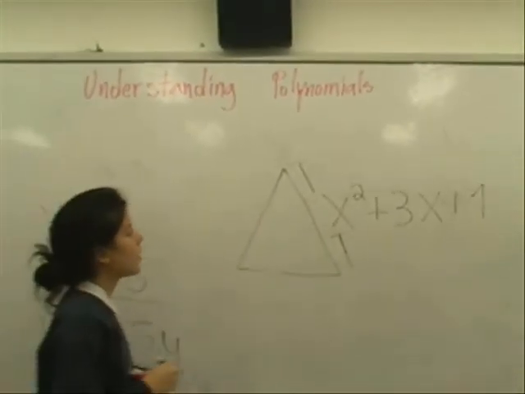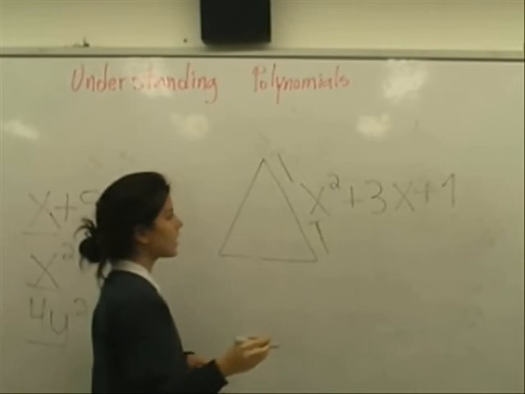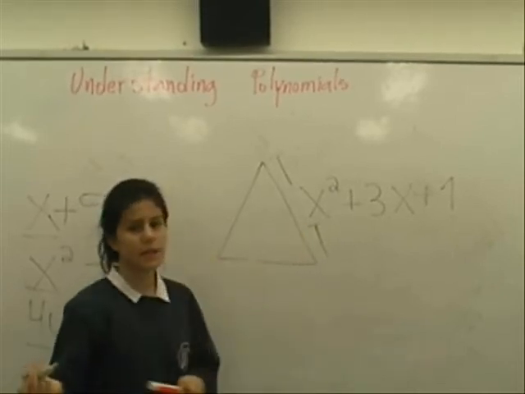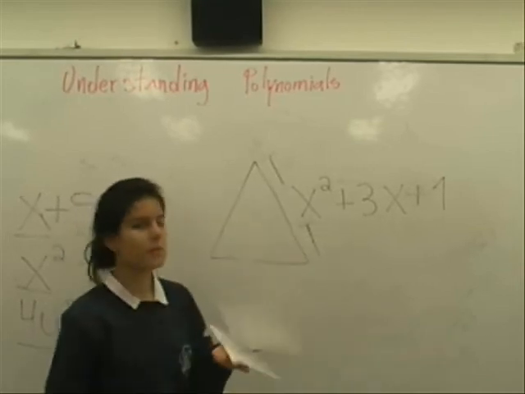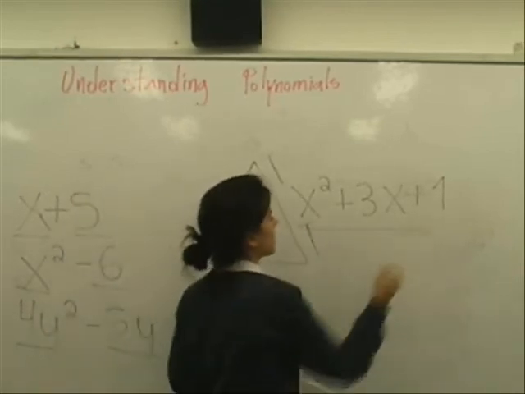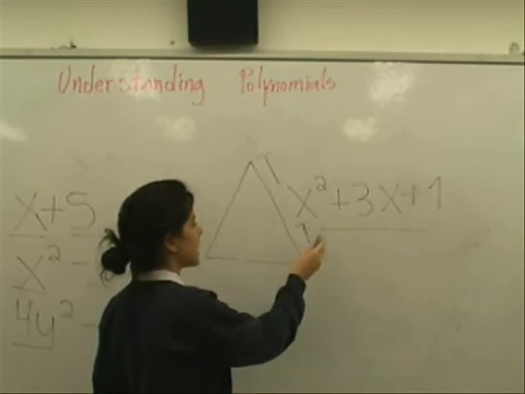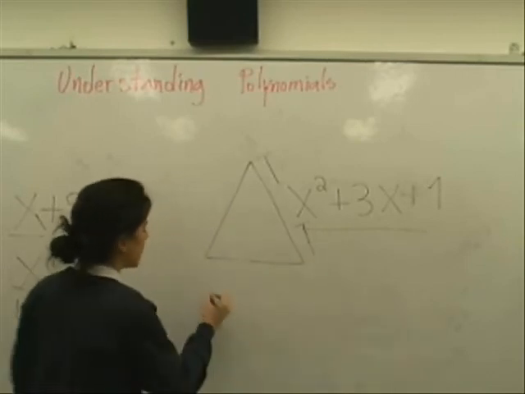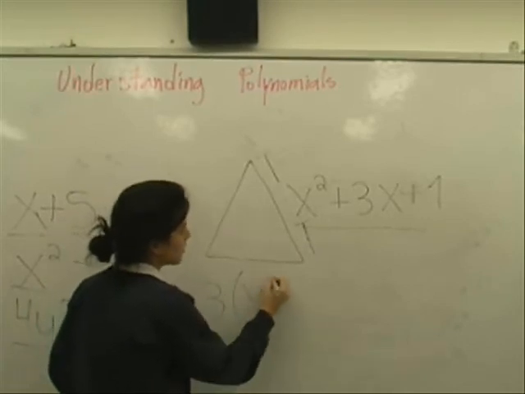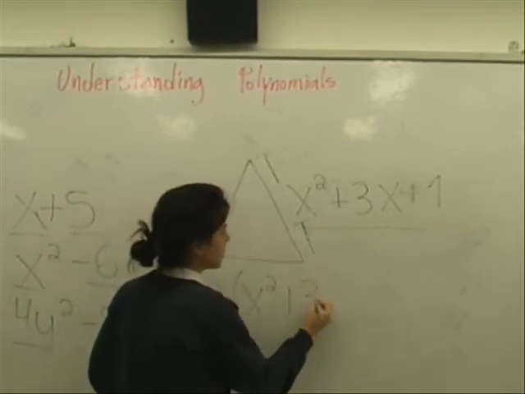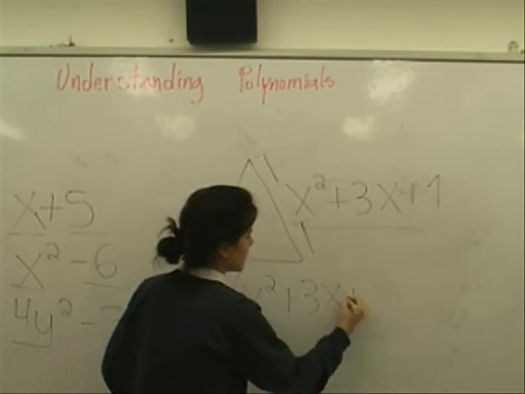Okay, so as this is an equilateral triangle, all of its sides have the same measurement. And it has 3 sides, so we can multiply this by 3 or just add this 3 times. So 3 times x squared plus 3x plus 1.